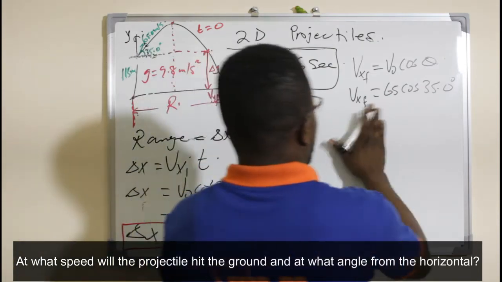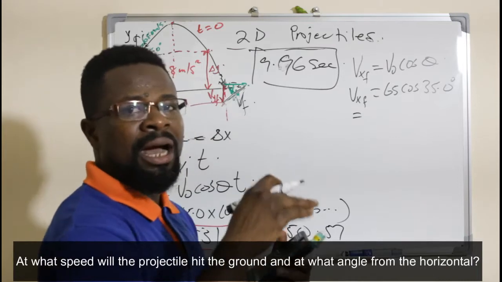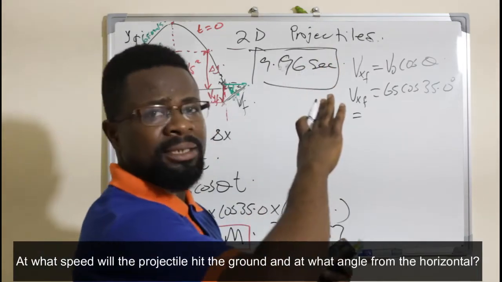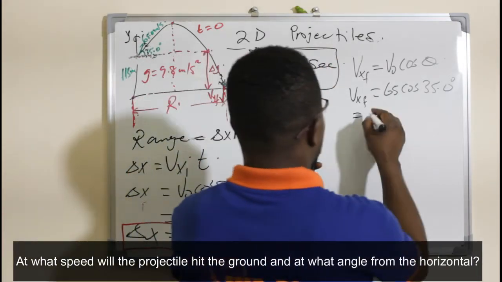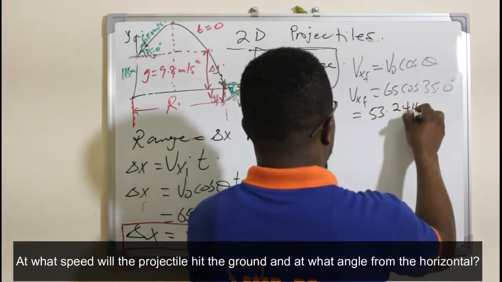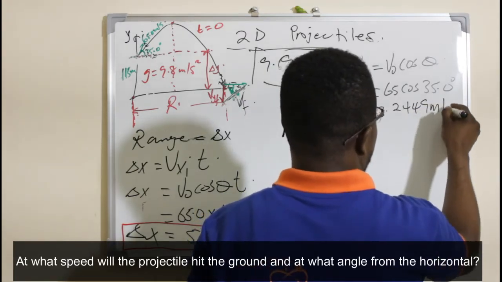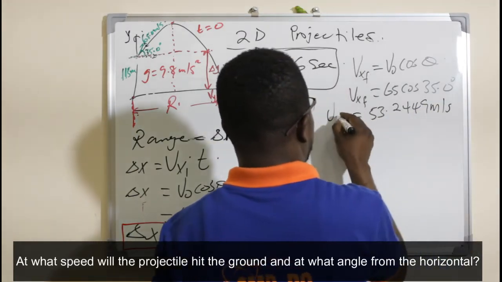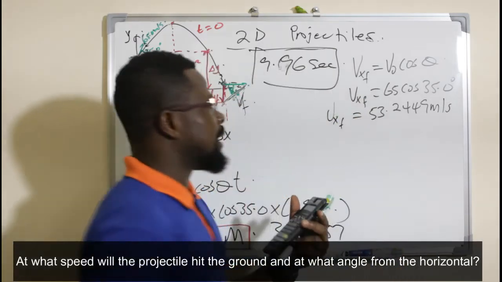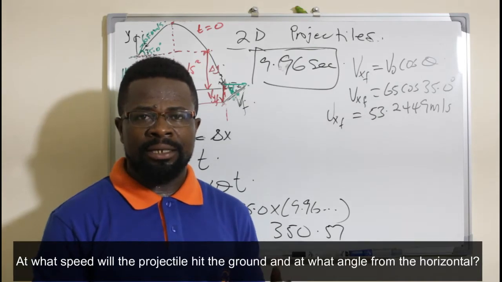Right, I'm going to write all the values because if I'm doing the calculation, I prefer to use, at least let me put 4 decimal places so that I will get an accurate result. So I'll have 53.2449. Alright, that is the velocity. And that is the final velocity in the x direction.